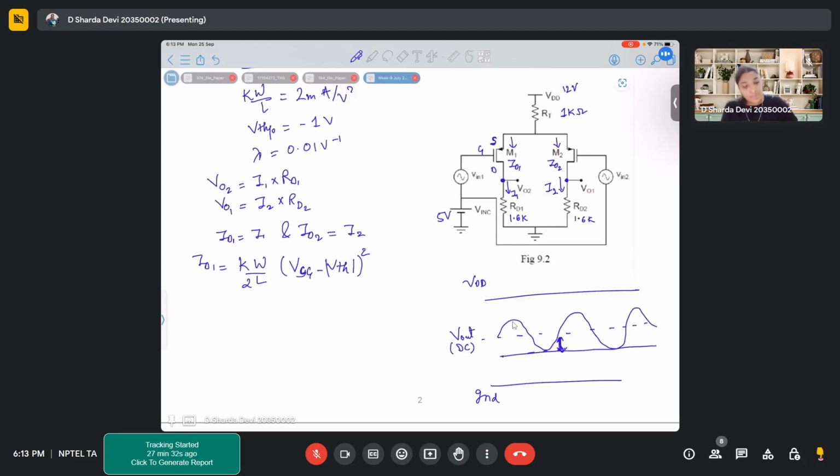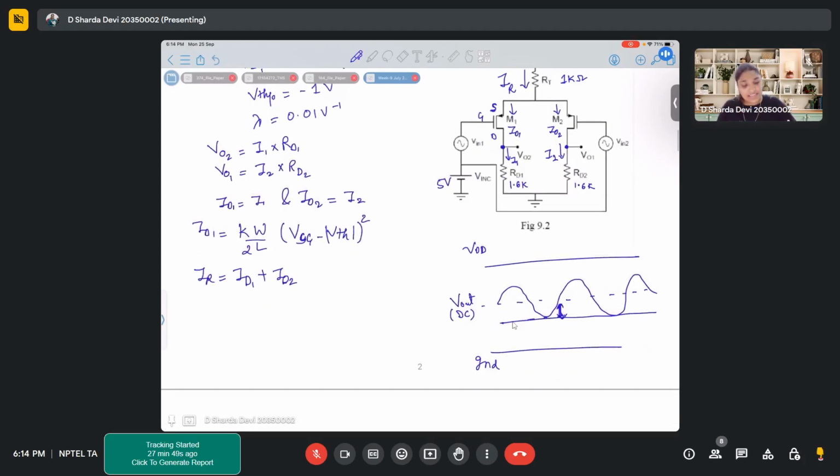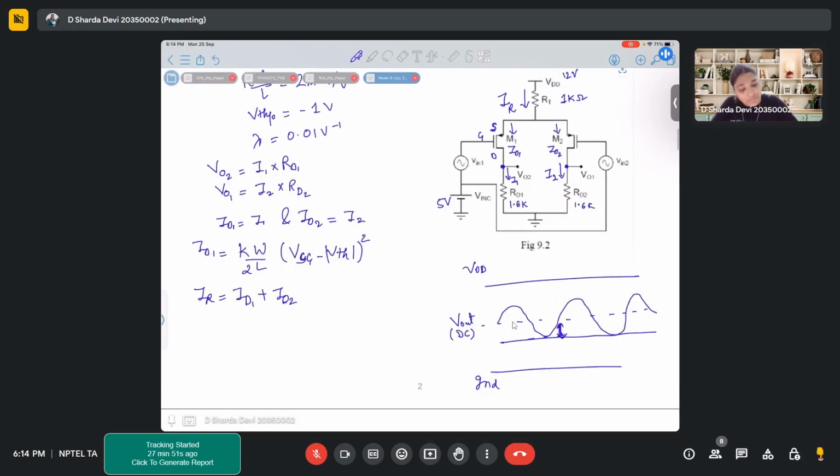We also know that the current flowing through the resistor RT, like IR, is equal to ID1 plus ID2. Correct? For the transistors, we don't know this particular point voltage, right? Vx.